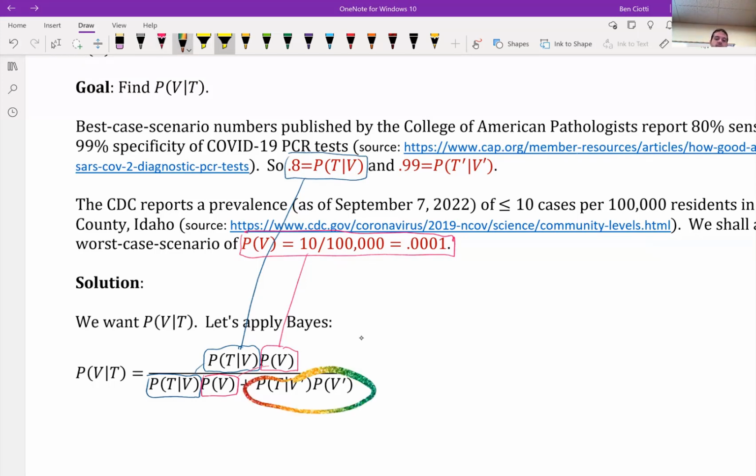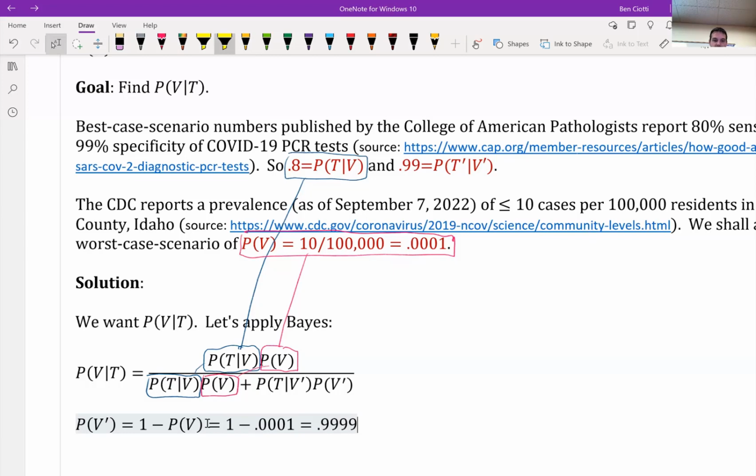What do I do with, how do I get P of T given V prime and P of V prime? Oh, good. P of V prime, we can use the complement formula to get that it's 1 minus P of V. So that's 1 minus 0.0001 or 0.9999.